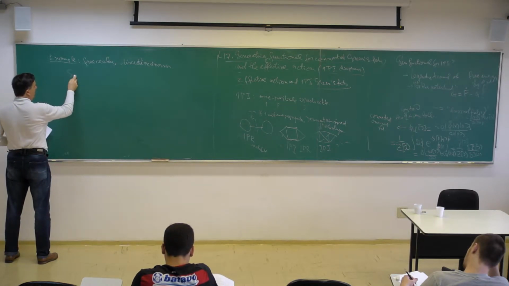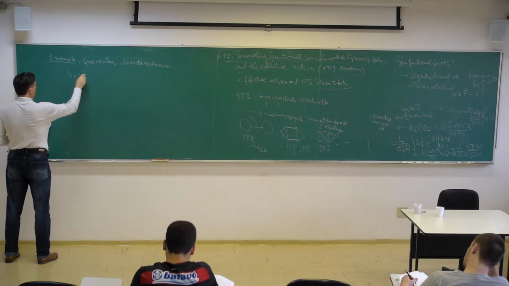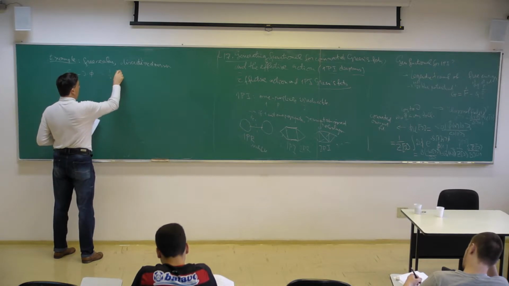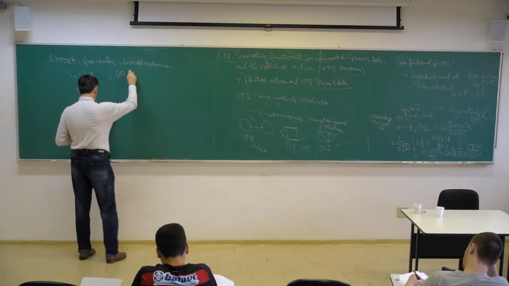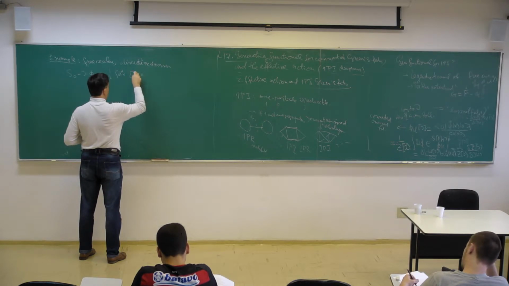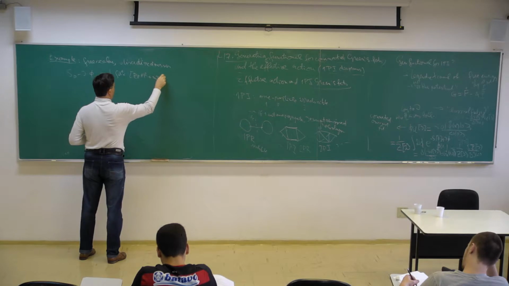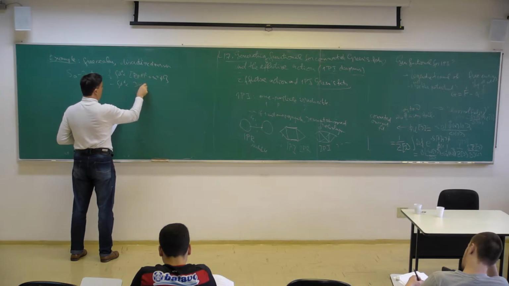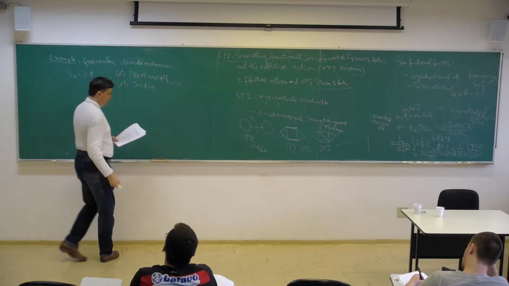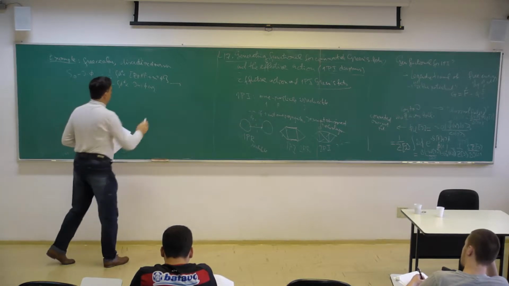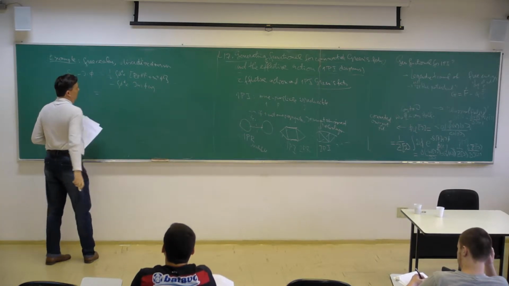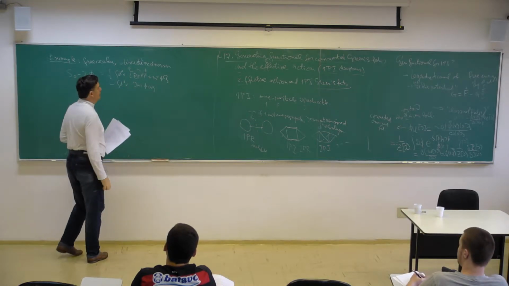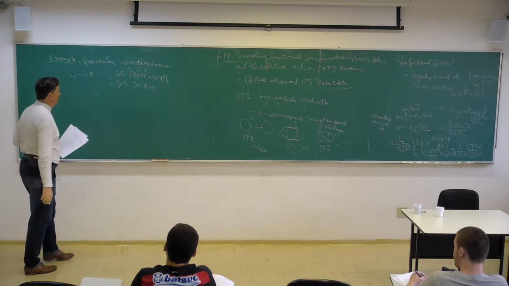So then S, the action, is just S0 minus J phi, that would mean the integral of (d phi) squared plus m squared phi squared, and then minus the integral J of x phi of x. And this would be understood as phi delta minus 1, the inverse propagator, phi.